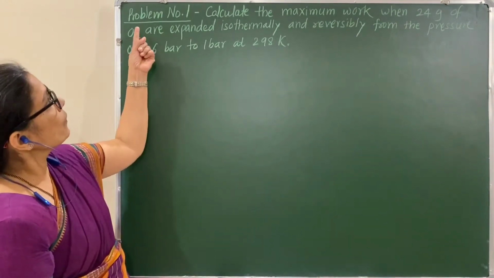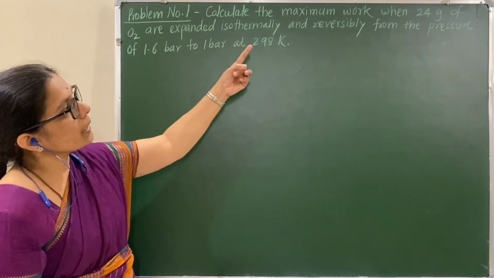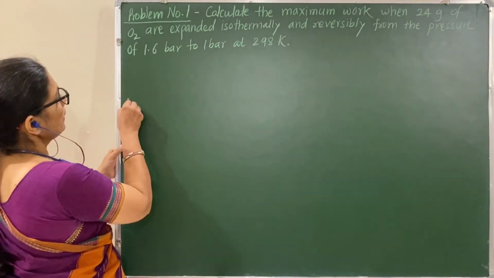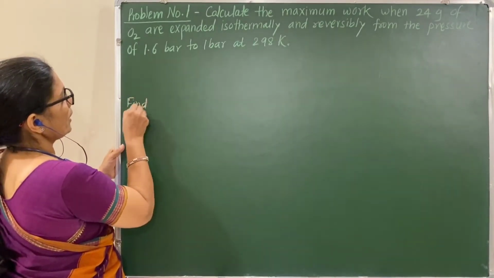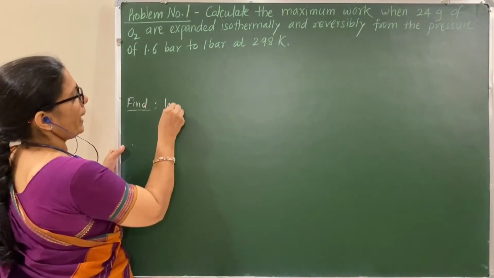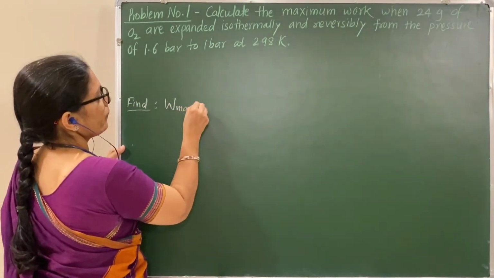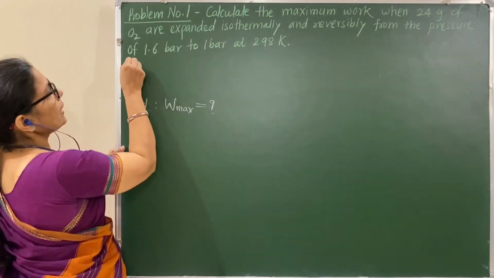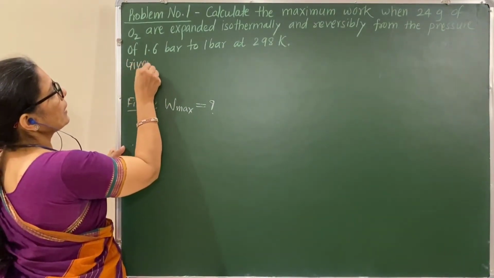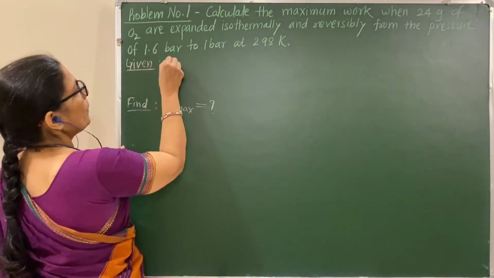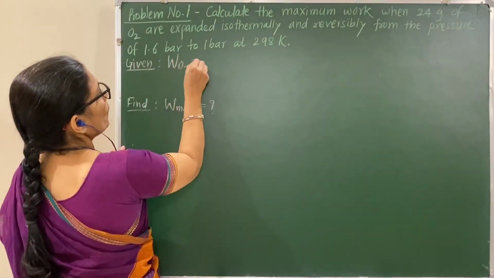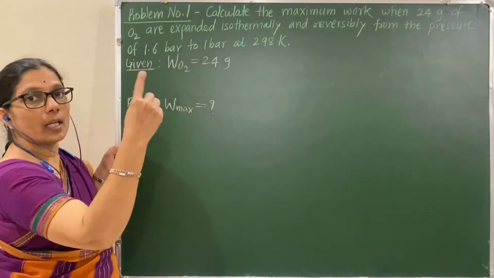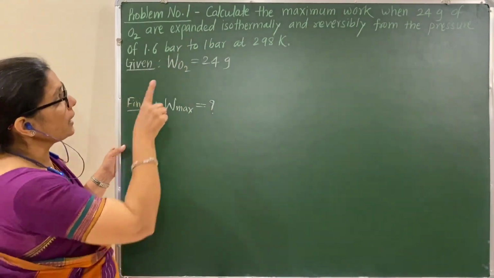Now let us see the first numerical. Calculate the maximum work, W max, when 24 gram of oxygen, that is given here, weight of oxygen 24 gram, is expanded isothermally and reversibly.